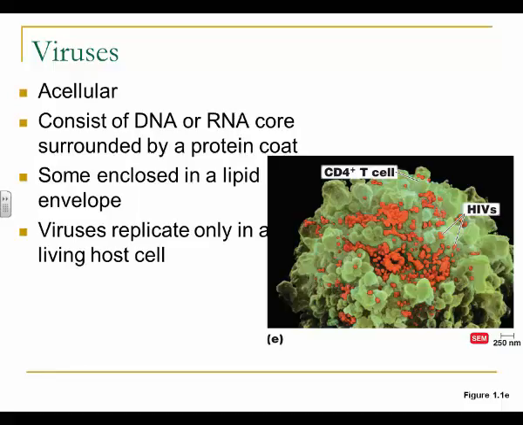Not all viruses have that, but HIV does. And it replicates only inside, not outside as we see it here, because it has to hijack our own cells to use the energy in those cells and the machinery, the ribosomes, that allow it to make protein from the genetic information that it carries.